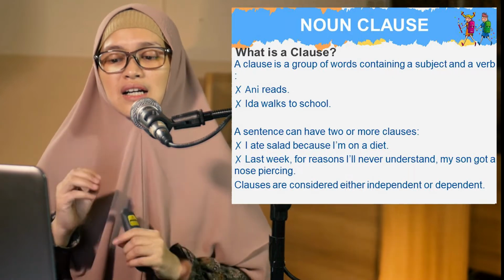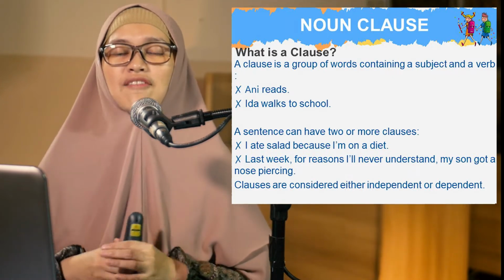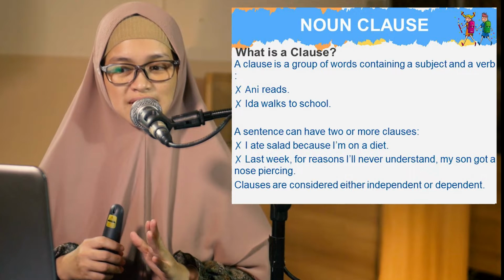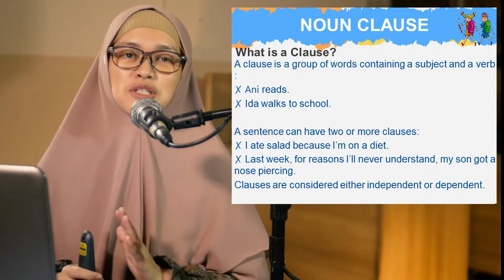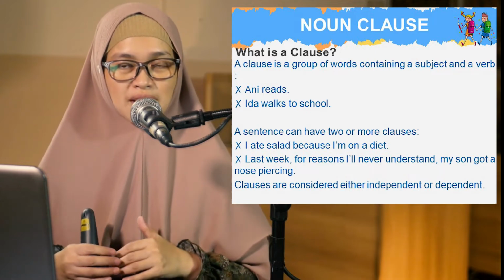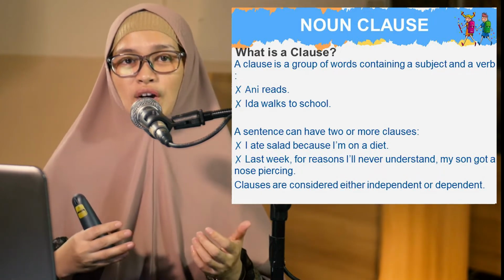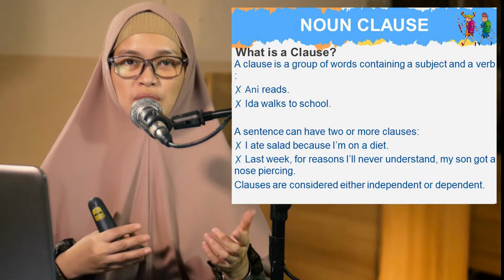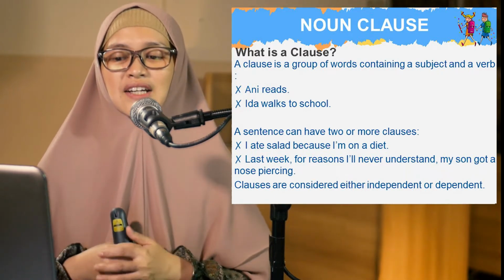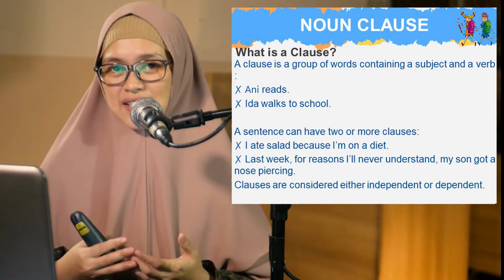Obviously, a sentence can have two or more clauses. The clauses are considered either independent or dependent. Independent means it can stand alone, and dependent means it really depends on the independent one. Let's see here. I ate salad.